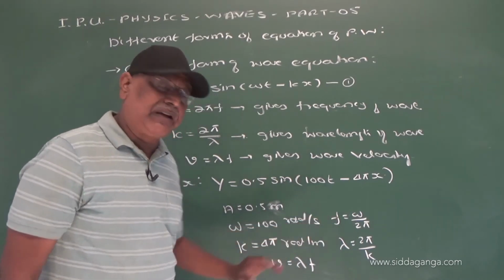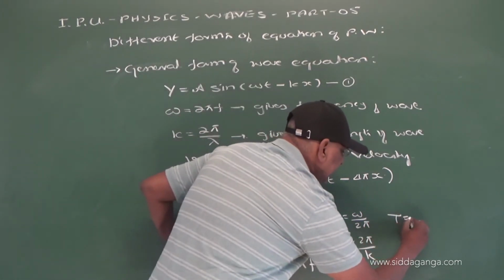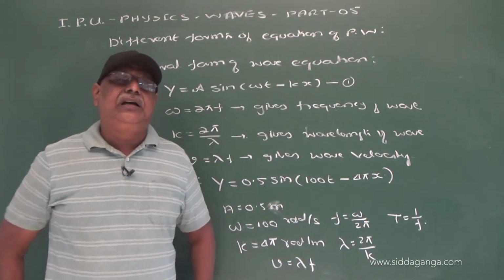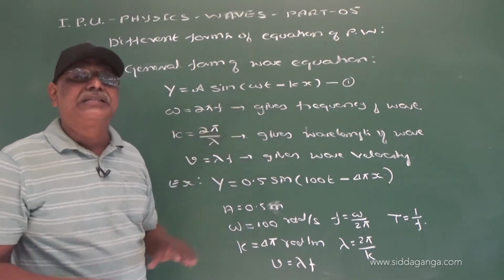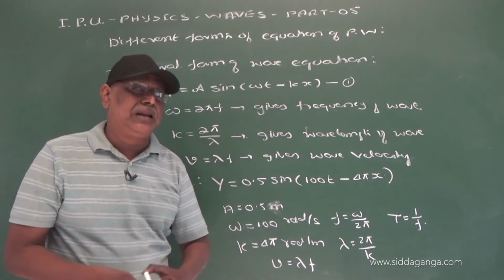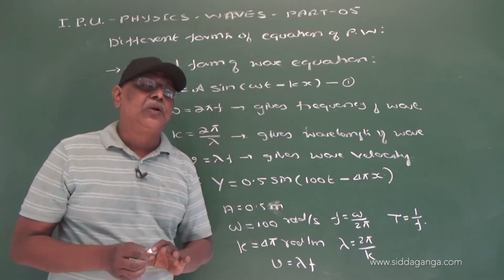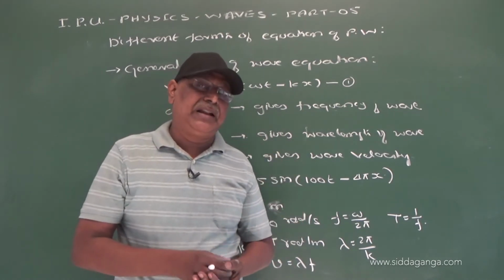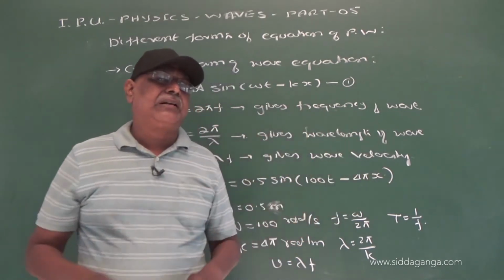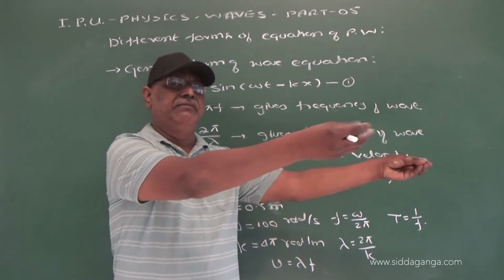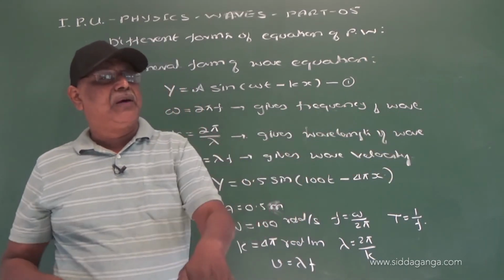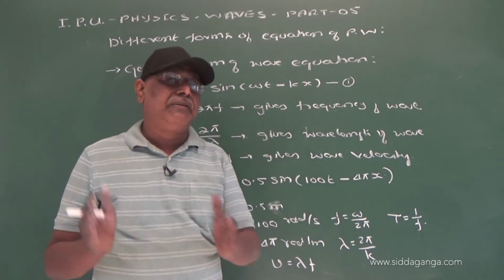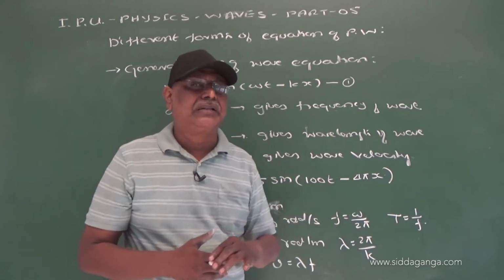Once we know the value of frequency, then the time period T is equal to 1 by f. This is the use of this equation while solving numerical problems regarding a progressive wave. When the equation is given and we need to find wave parameters like amplitude, wavelength, frequency, wave velocity, etc., we can compare the given equation with the standard equation, and by solving it we can obtain all wave parameters. Is that clear?